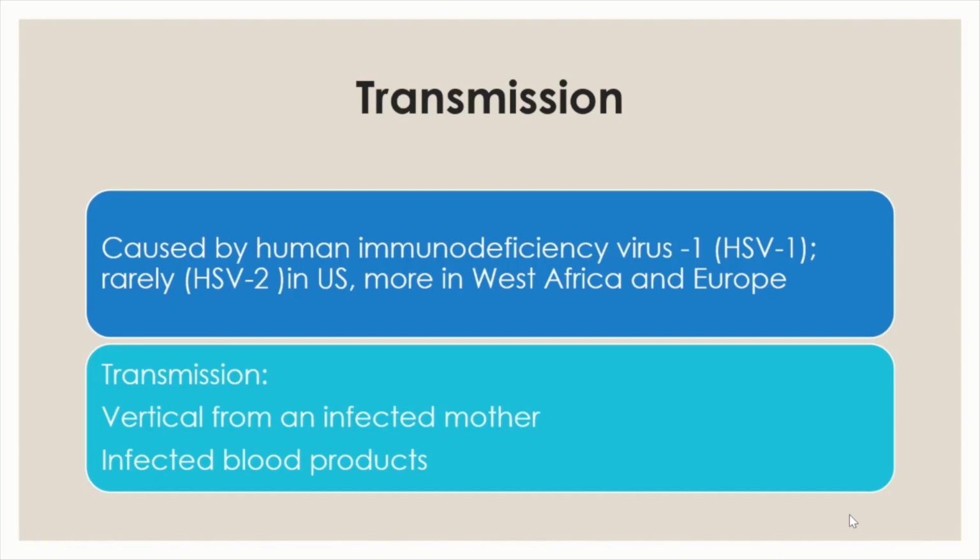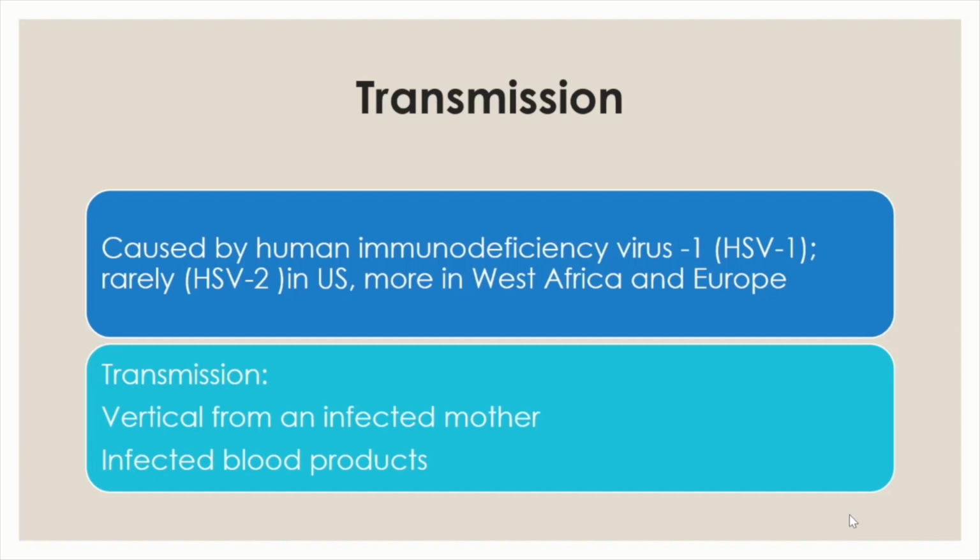There are two major routes of transmission of HIV infection in children. Over 80% of the cases are vertically acquired from an infected mother, which occurs before, during, and after birth. Secondly, from blood products, with children with hemophilia being most affected.